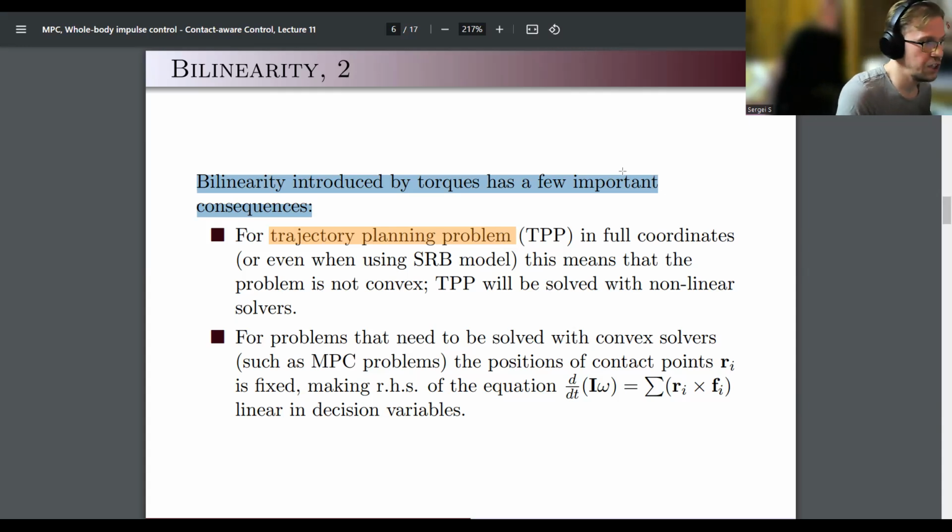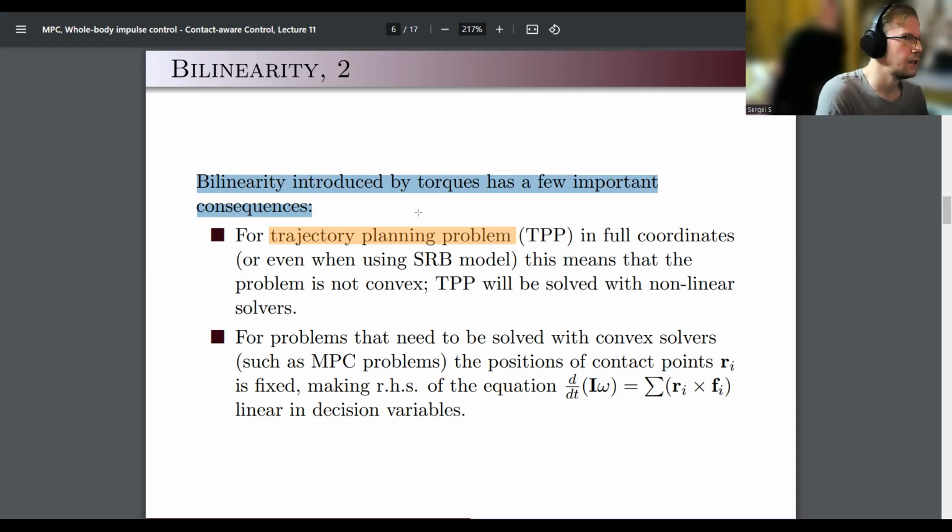Being stuck in local minima is a scary potential problem, and so on. So while it is possible to do it, it's not something that you want to have to do. Sometimes you have to, and most of the time, TPP, the trajectory planning problem, for walking robots is done exactly like that. You solve a nonlinear optimization. You don't try to do it convexly.